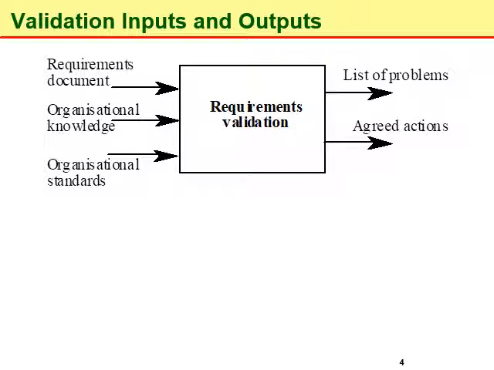The requirements document, we are already familiar with. It should be a complete version of the document that we are going to validate. It should not be an unfinished draft because in that case some important information might be missing and that might not be validated.